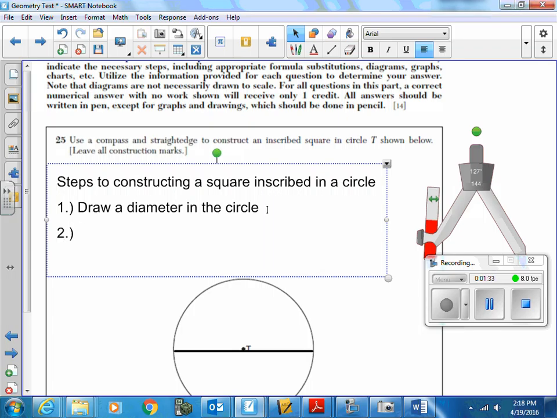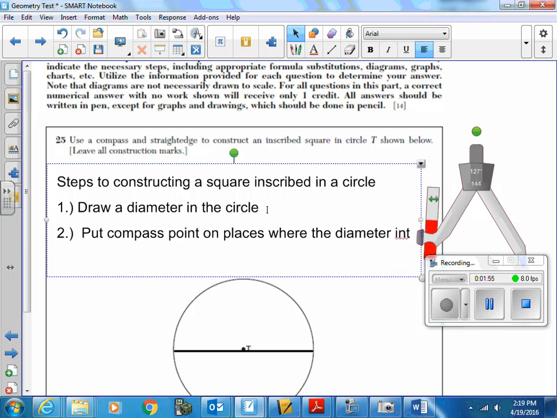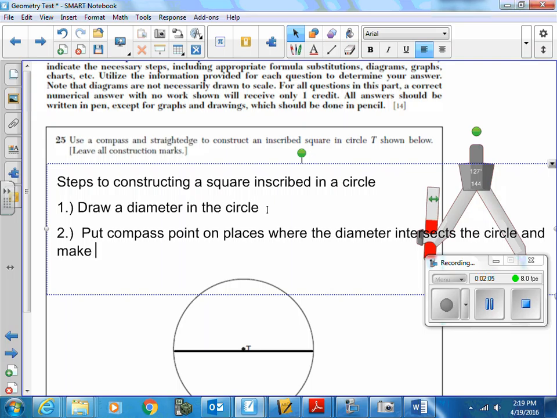We're going to put the compass point on places where the diameter intersects the circle, and make 2 arcs.